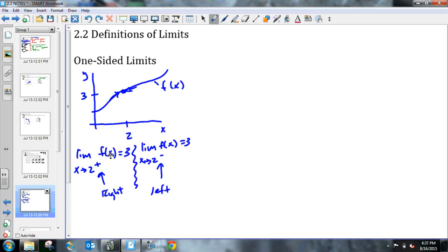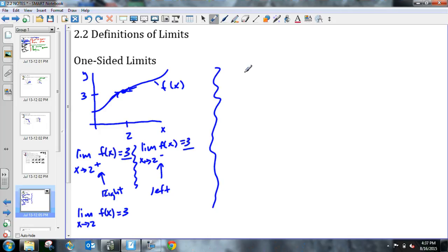So now, what you can see here is that the right side limit and the left side limit are the same. That means that the two-sided limit, the limit as x approaches 2 of f of x, is equal to 3, okay? We just did that in those previous videos. But let's take a look at another one, okay?